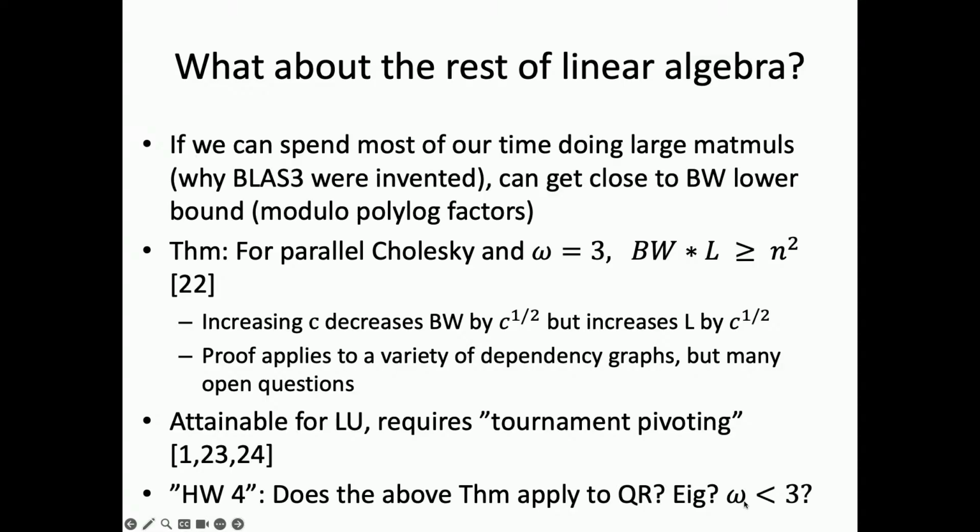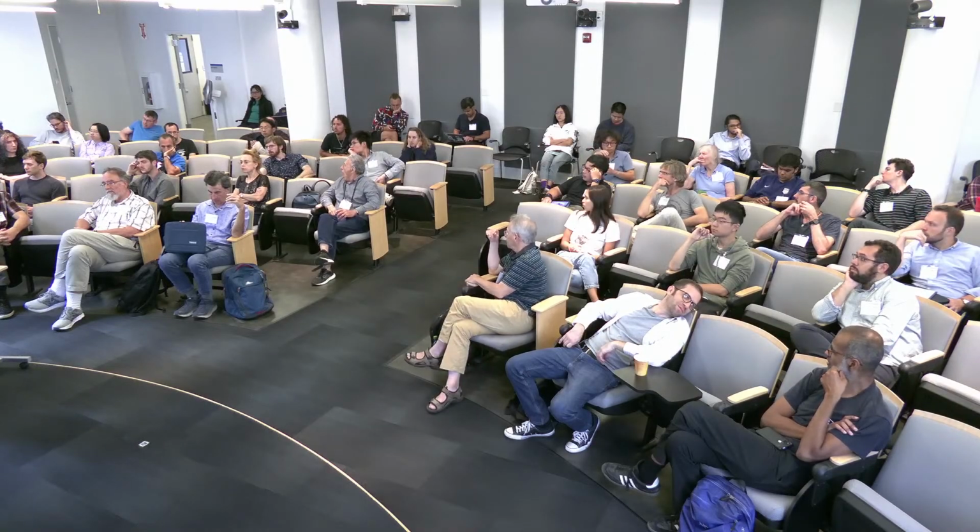Sorry, tournament pivoting, you can trade off bandwidth and latency however you want, so long as the product is n squared, or you have to. Tournament pivoting minimizes the number of messages in a way that I can talk about later. It's very similar to an algorithm I will talk about called tall skinny QR, so you can just wait a little while, and it uses the same idea. Or no, I thought you said tournament pivoting avoids the lower bound problem.